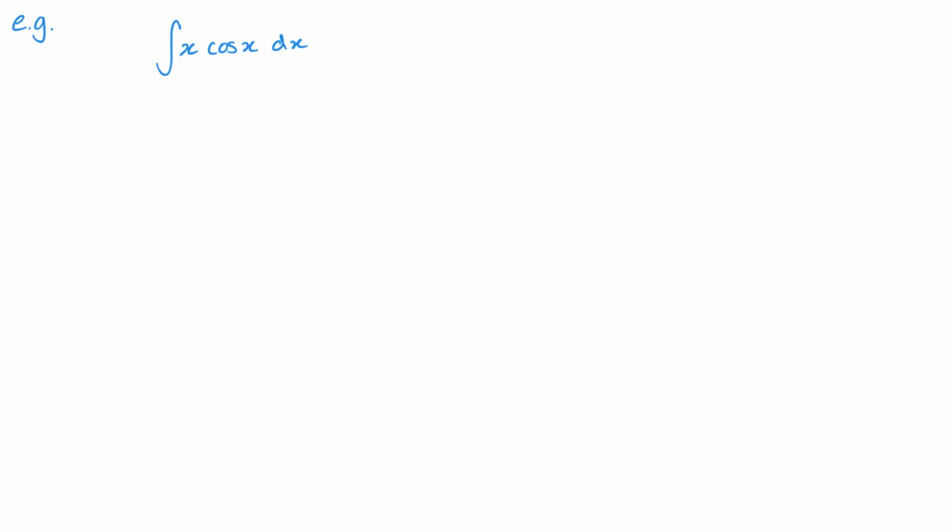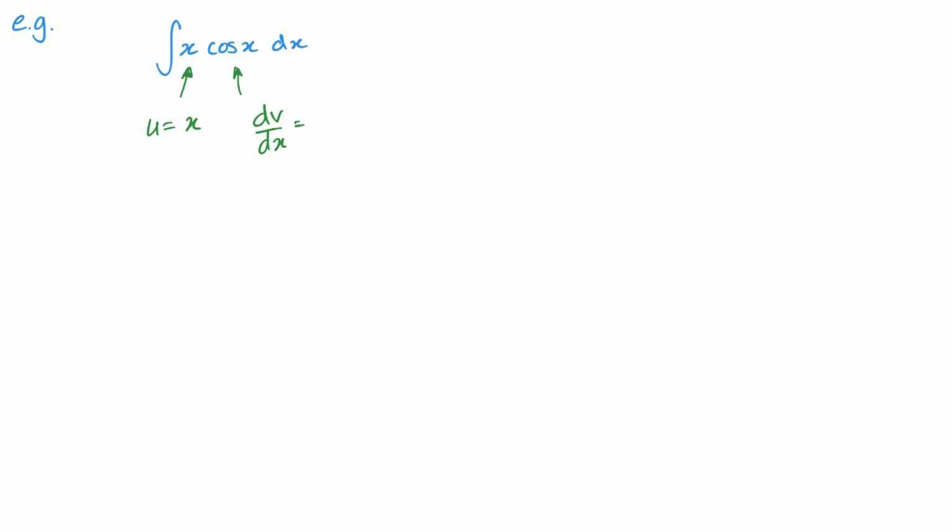So here we have our integral, what we're trying to integrate, and we've got x cos x. So these are multiplied together. And what we want to do is call one of them u and one of them dv by dx. So we always use the x term, or the x to the power, because that's what we often get in terms of our u, and then our other term as a dv by dx.